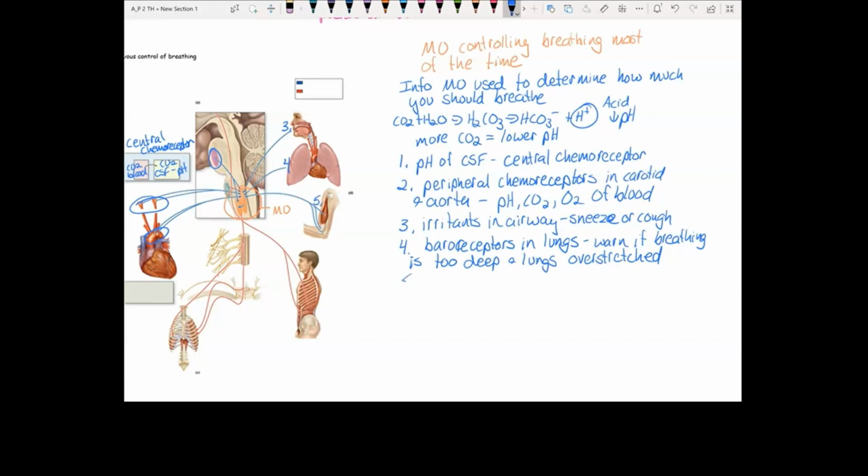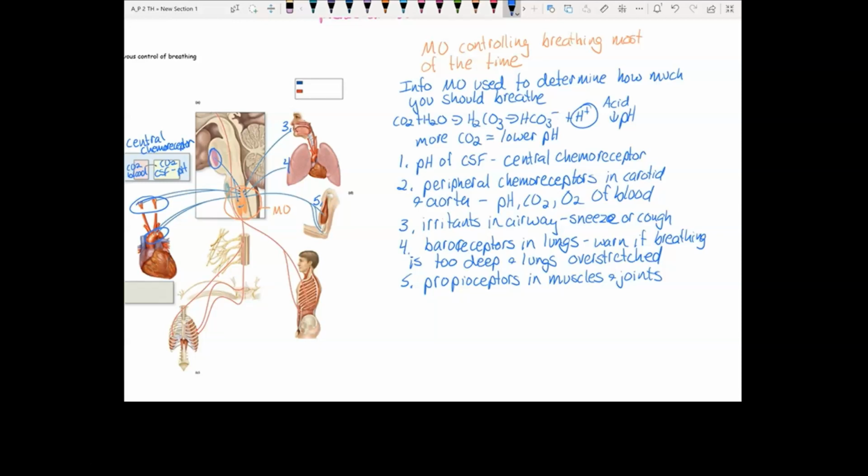And the fifth one here is proprioceptors in your muscles and joints. Okay, these you may recall we covered them before.